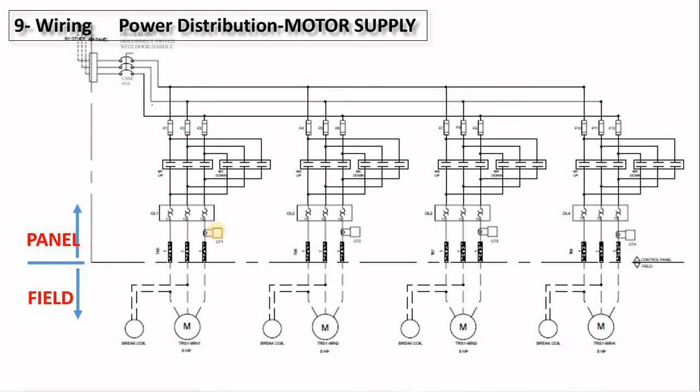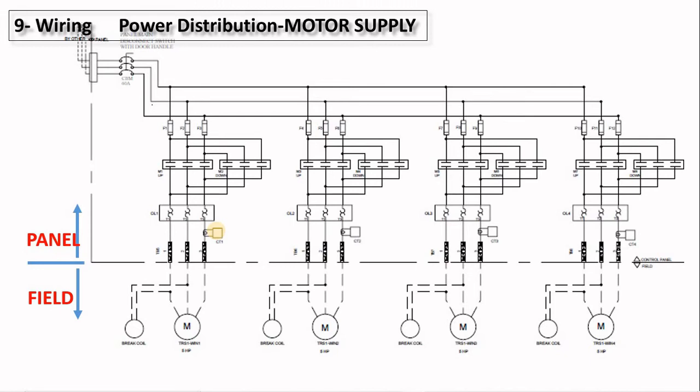When we look at the wiring, let's start with some kind of logic. We will start with the high voltage, the motor connections first, and then the power distribution, the 600 volt in this case, or the 120, and then 24 volt. So first you do the power distribution, and then you go into the I/O and the control.